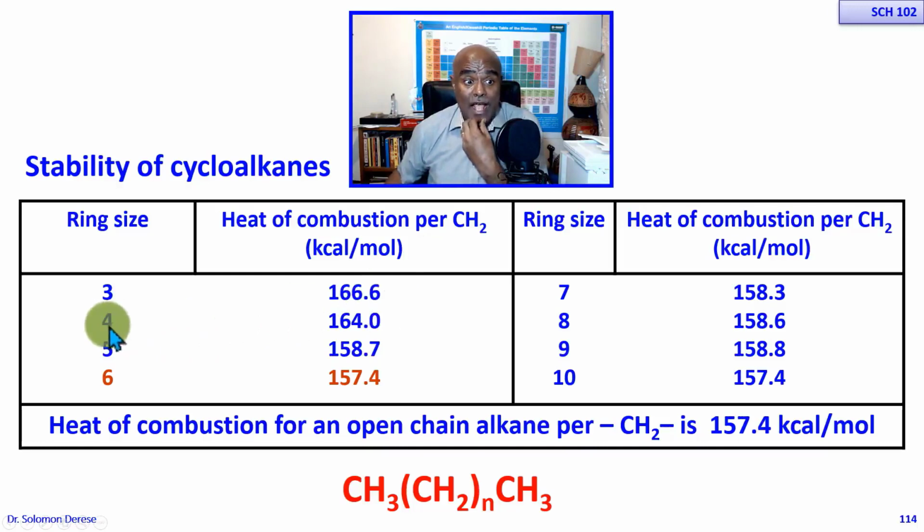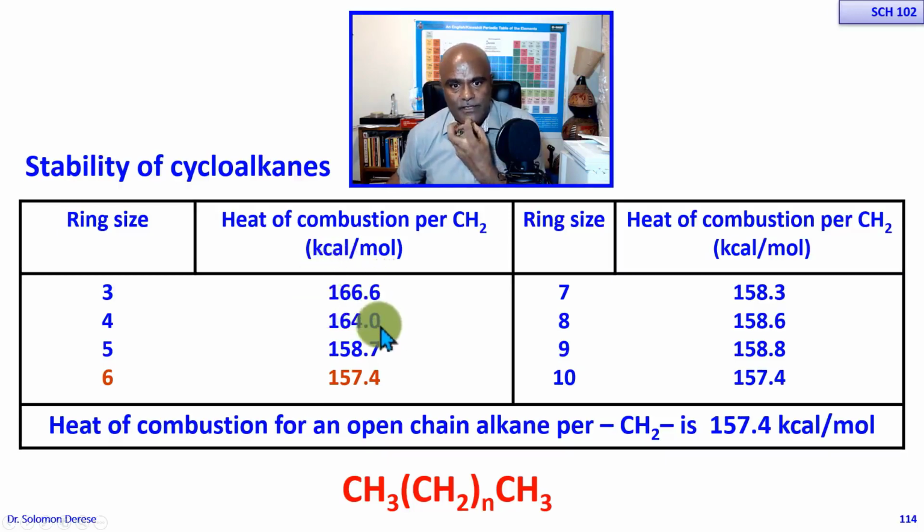And then for cyclobutane, the energy per every CH2 is less than that of cyclopropane. It is 164.0, indicating to us cyclobutane is more stable than cyclopropane.